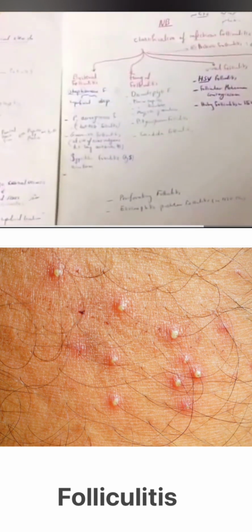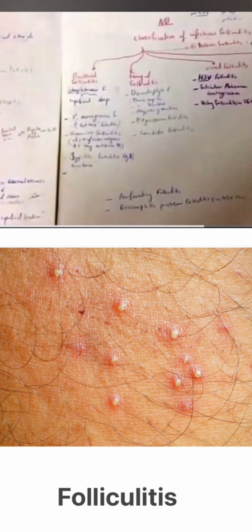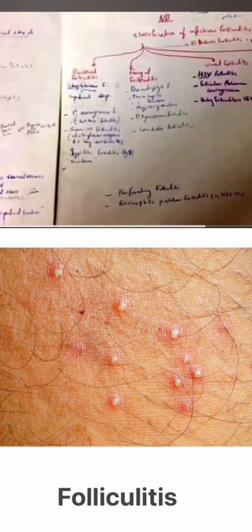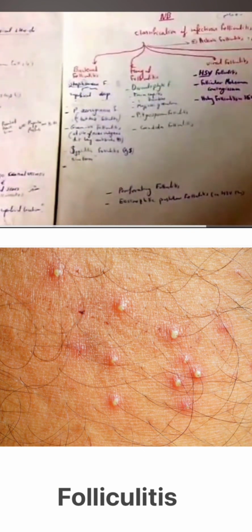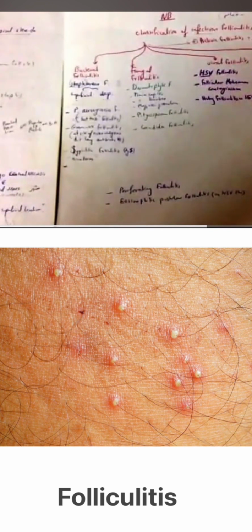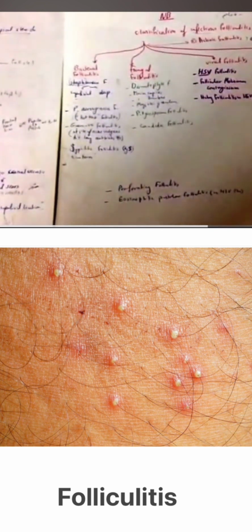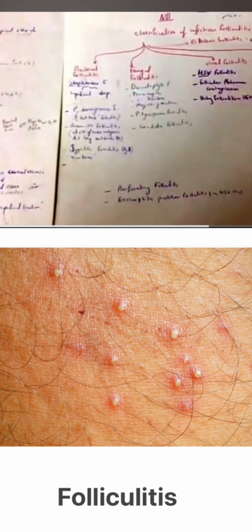So, the folliculitis in brief. The classification of infectious folliculitis: bacterial folliculitis, fungal folliculitis, viral folliculitis, and infestation. Bacterial: Staph aureus, superficial and deep, we'll talk later; Pseudomonas aeruginosa, hot tub folliculitis, gram-negative folliculitis, and syphilitic folliculitis.